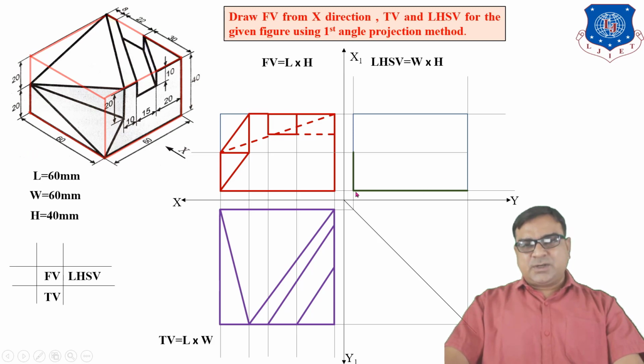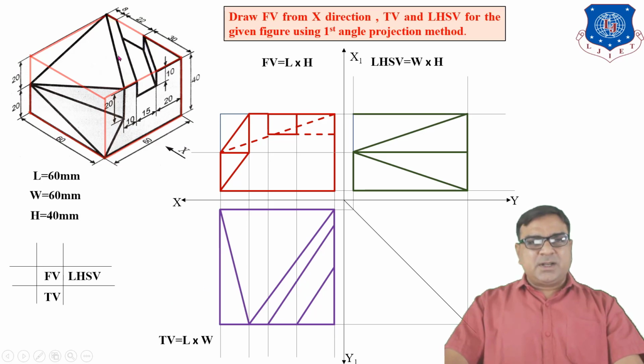So draw a horizontal line, a vertical line for this, and draw this triangle, a vertical line for this line, then a horizontal line represents this, a vertical line for this. Now an inclined line from 20 mm above, and this line represents here.